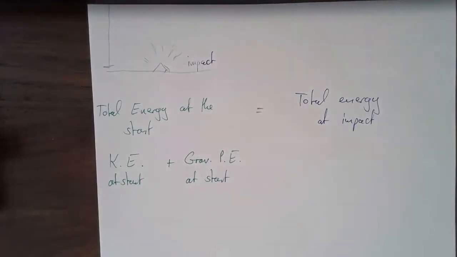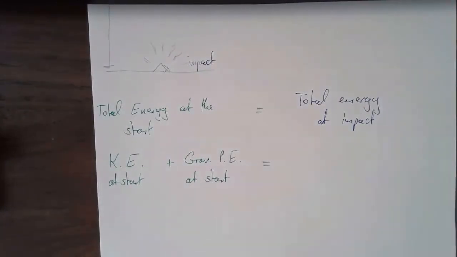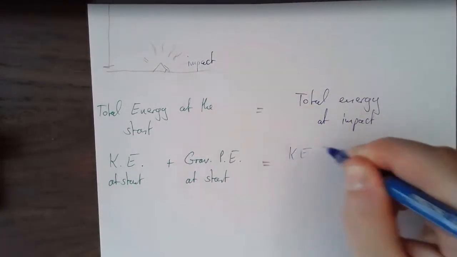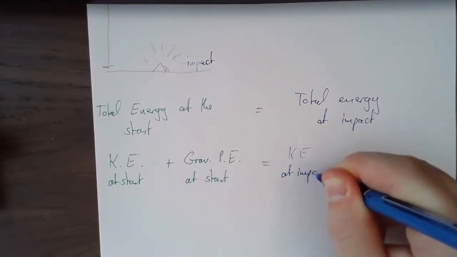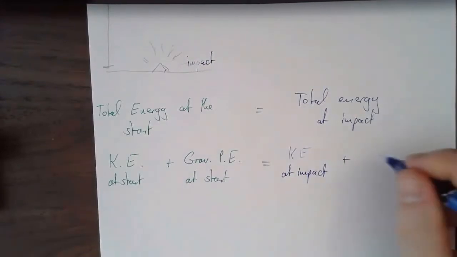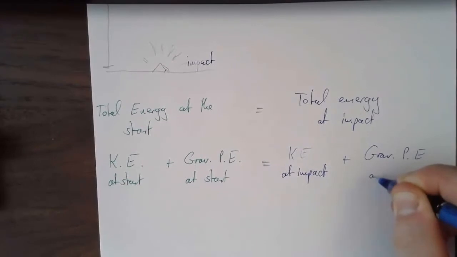Those two each change as the thing falls, but their sum, the total, stays the same. That's the kinetic energy at the moment of impact, plus the gravitational potential energy at impact.